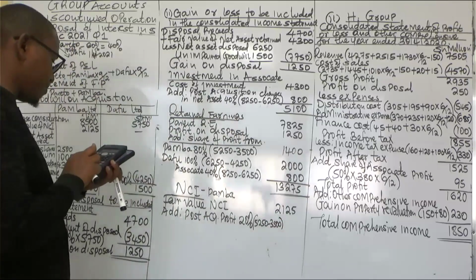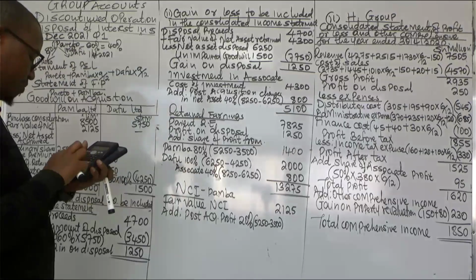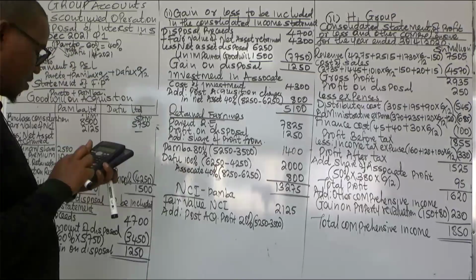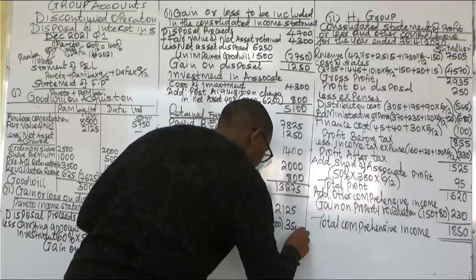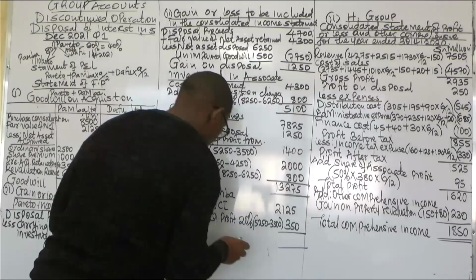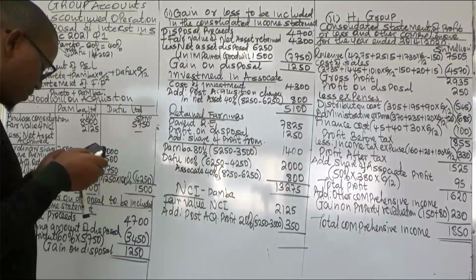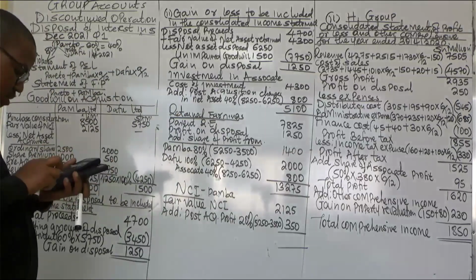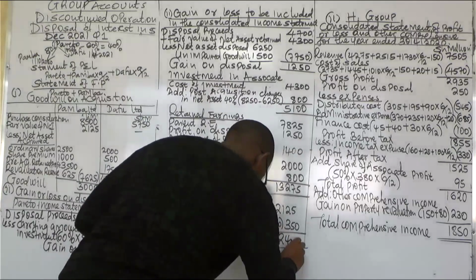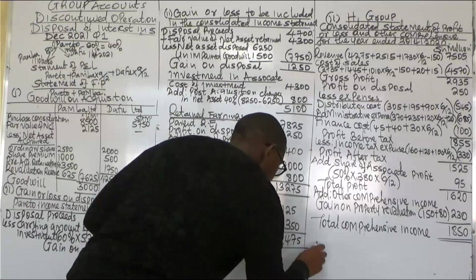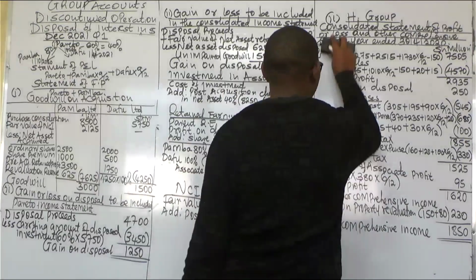You multiply 20% by 1750. This is 350. So add that to 2125. This is 2475. So we can now consolidate.